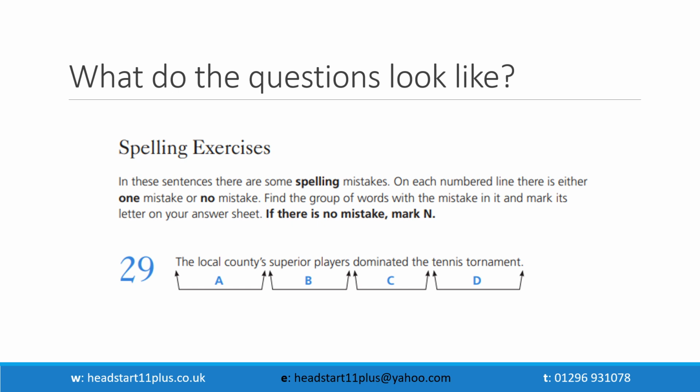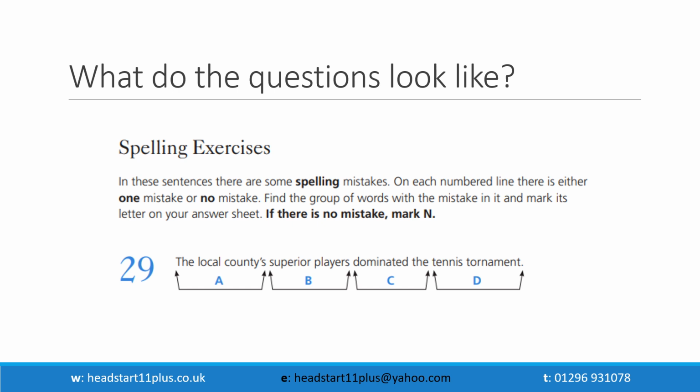So you would read the sentence, and if you found the spelling error, your answer would be the letter A, B, C, D, where the spelling error is found. In this example, tournament is spelled incorrectly at the very end, and because tournament falls above the D box, your answer would be D.